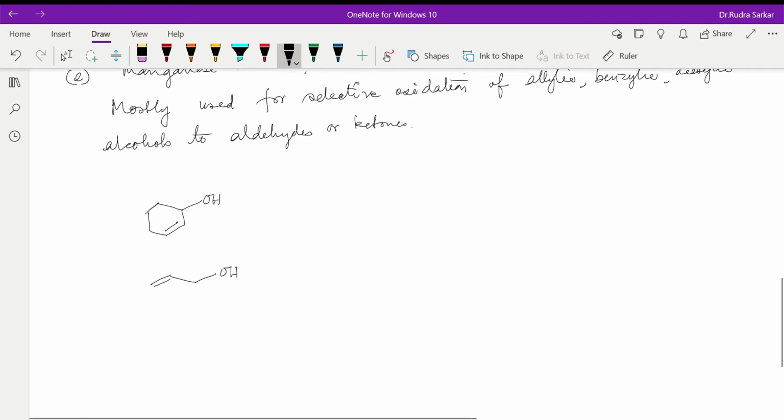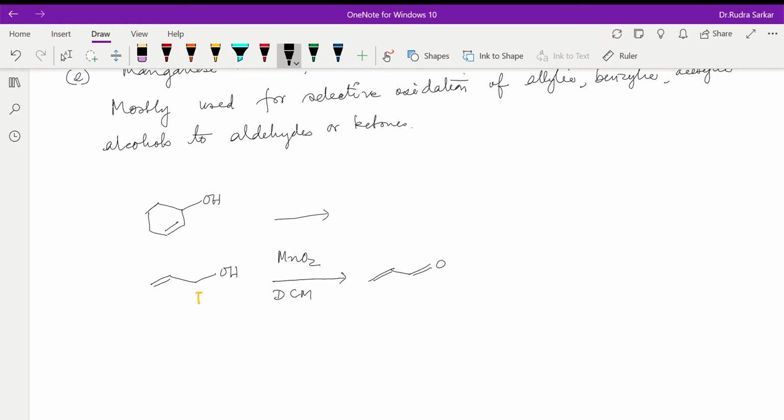As you can see that this portion is your allylic position, so obviously if you're using MnO2 in presence of dichloromethane, this particular molecule will be oxidized to your aldehyde.